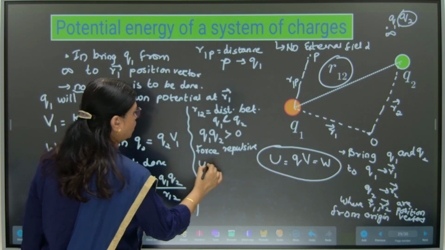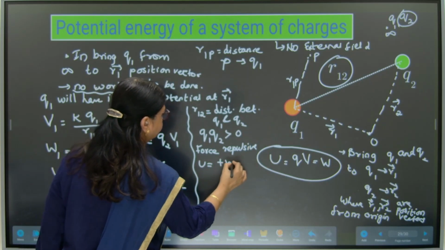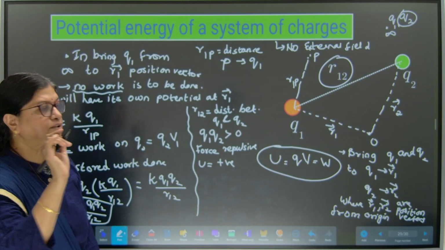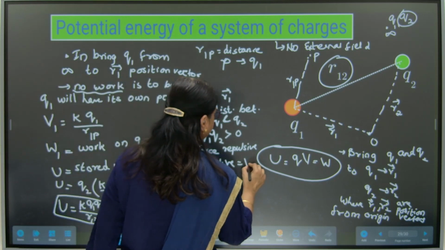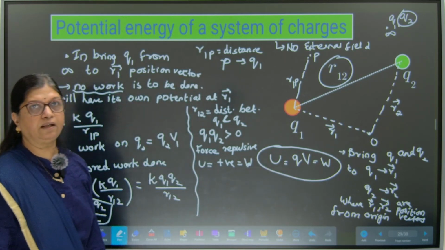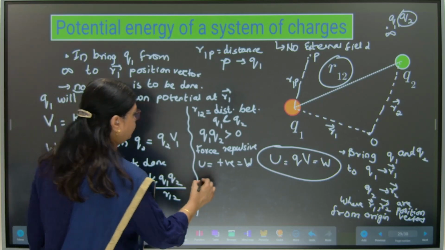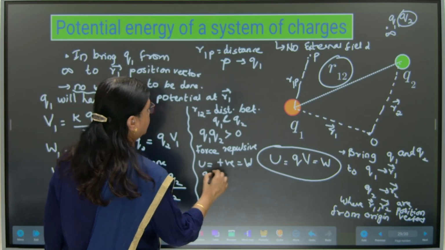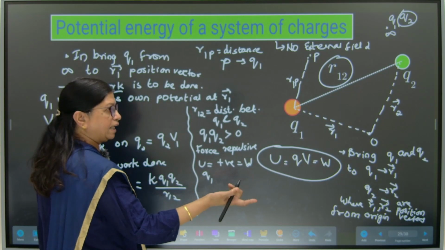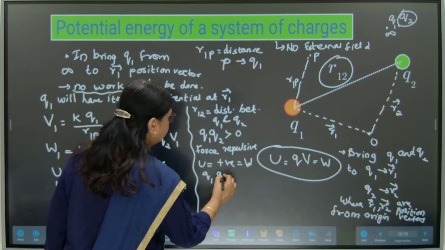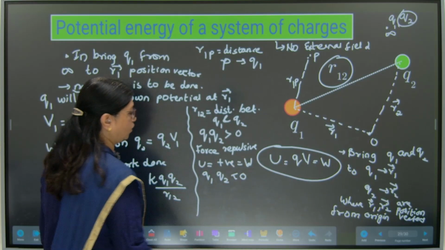So U is also positive. Work done is also positive. Agreed? Okay. Now, if Q1 is positive and Q2 is negative or vice versa, then Q1 Q2 is less than 0.